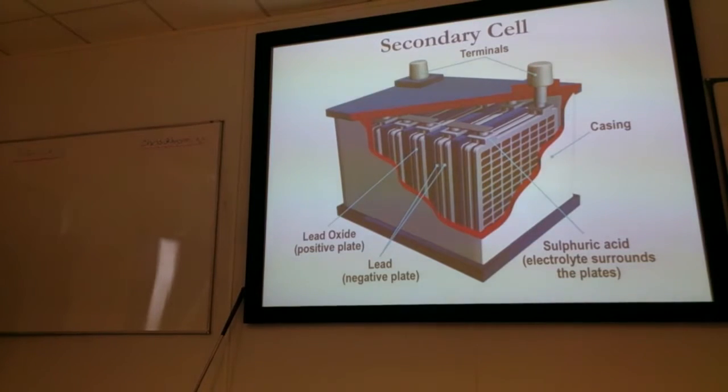How much energy we can store in a battery is a measure of the amp hour capacity, ampere hours. If a battery has a theoretical 100 amp hour capacity, it means it can deliver 1 amp for 100 hours, or 10 amps for 10 hours, or theoretically 100 amps for 1 hour.